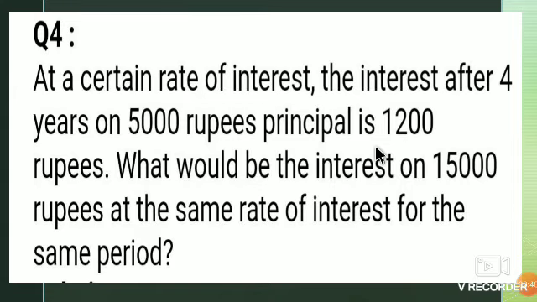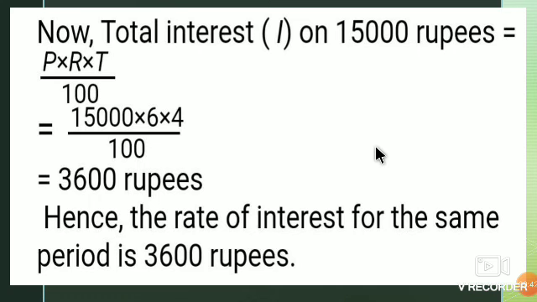So we put the values in the formula: P into R into T upon 100, 15,000 into 6 into 4 upon 100. After calculating, you will get 3,600 rupees. Hence the interest for the same period is 3,600 rupees.